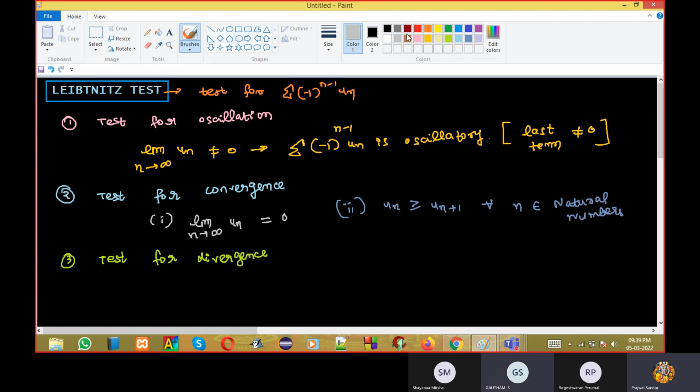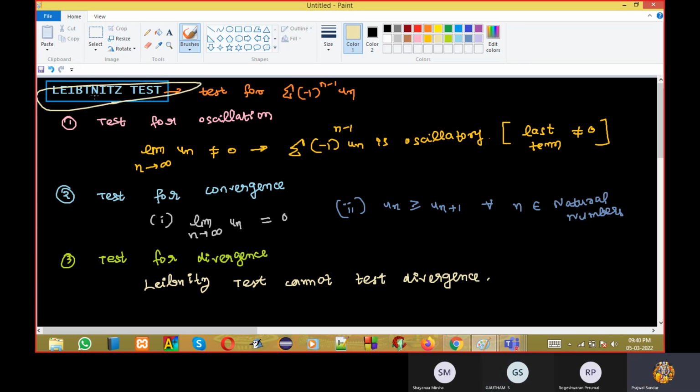It sounds correct, but the actual answer is that the Leibniz test cannot test divergence. You will not see a single question in our syllabus in this chapter with an alternating divergent series, because the test is designed like that. The person who designed this, you should go ask him why.